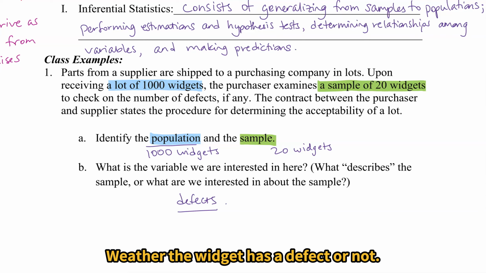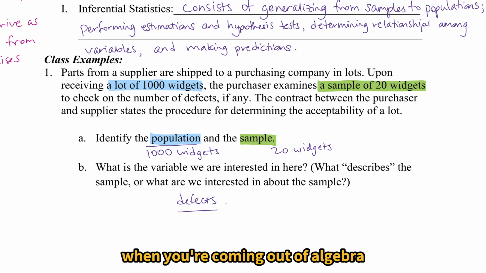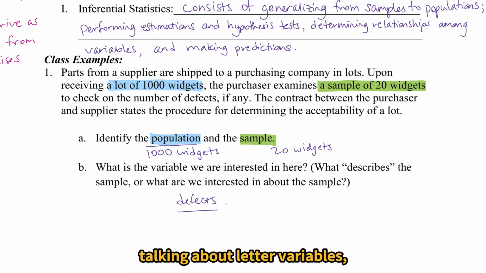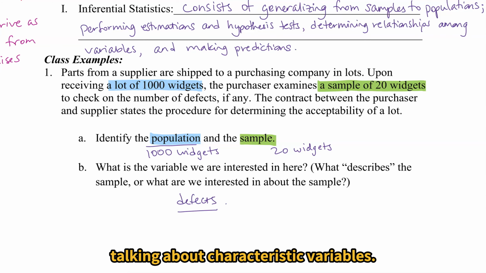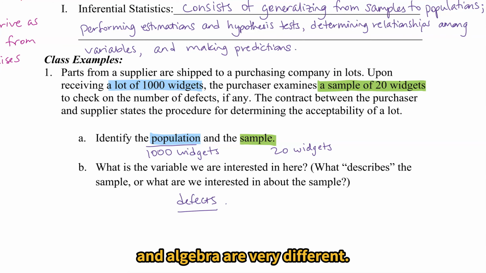Whether the widget has a defect or not. That's our variable. Again, I know it's a little weird when you're coming out of algebra talking about letter variables, coming into statistics talking about characteristic variables, but that's one of the many ways that statistics and algebra are very different. Good job. Let's try another one.